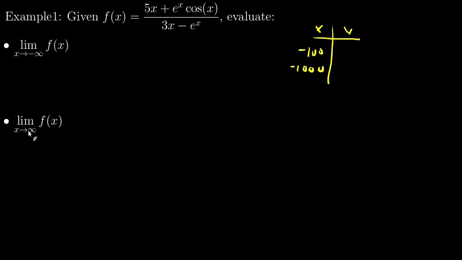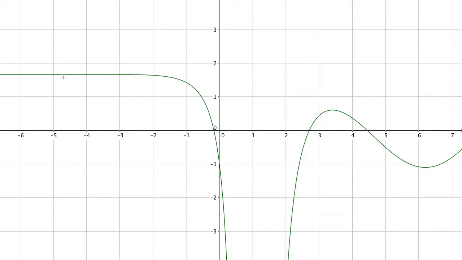And I could do this same thing here, except start at large positive numbers, make it more positive. The other option is to consider the graph, and that's what we're going to do for this. So here is the graph of that function.